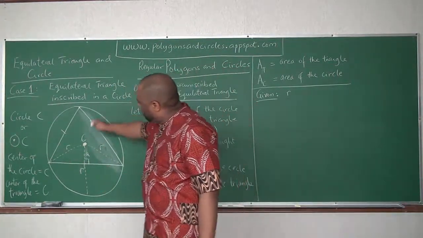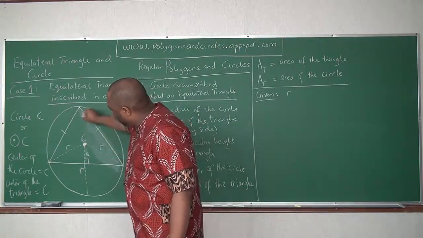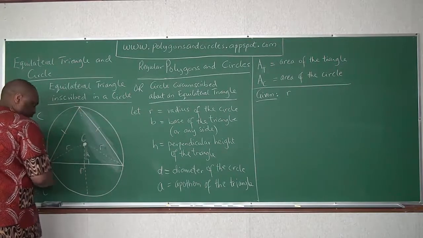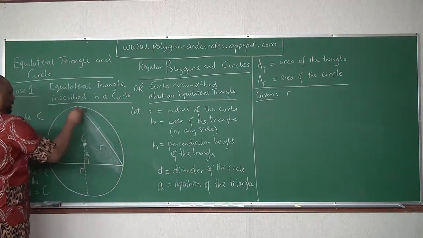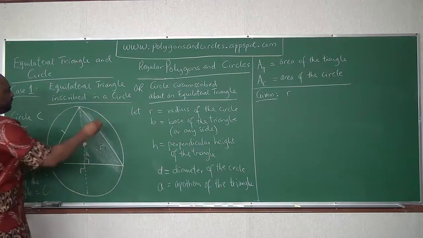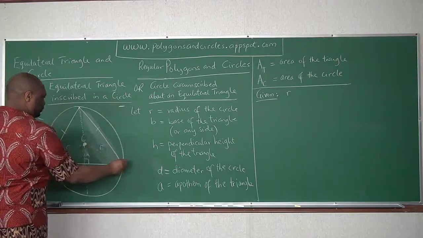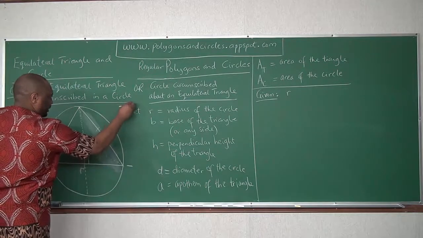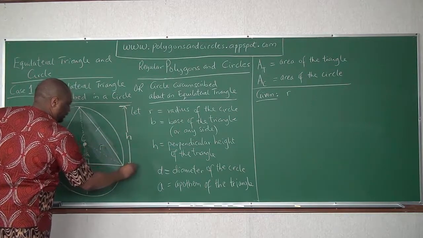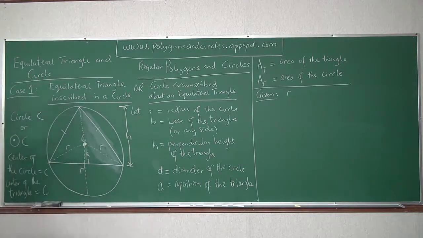And this is the perpendicular height, the whole thing here. If we extend up to this here, then from here to here is our height, our perpendicular height. The height of the triangle.